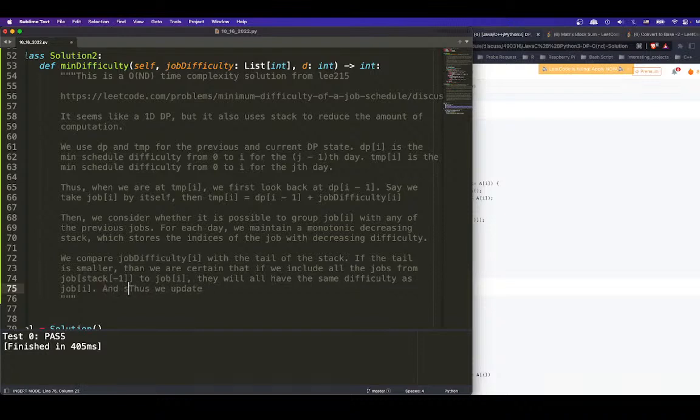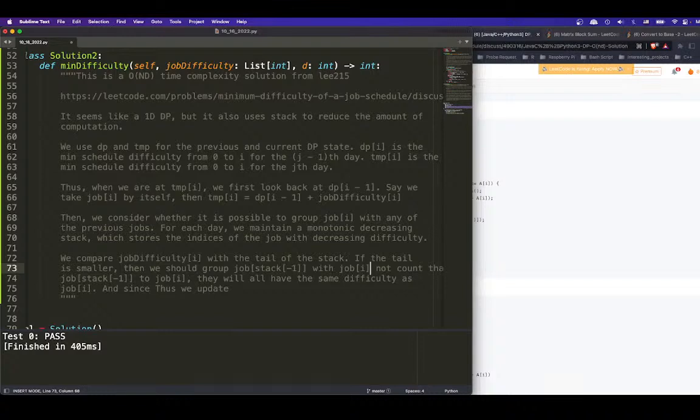And since it is, no, hold on. If the tail is smaller, then we should not count, then we should group job stack minus 1 with job I, right?